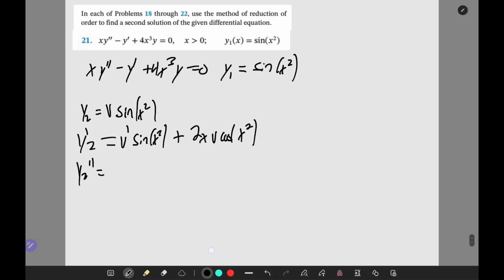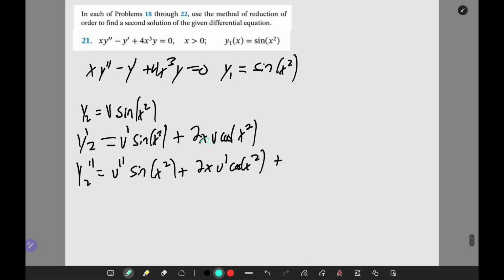Now y2 double prime. Look at the first term first. So we're going to have v double prime sine of x squared and v prime first, 2x v prime cosine of x squared, right? Derivative of sine is positive cosine. And now looking at the second term, I'm going to group it together like this, where this is one, this is the other one, and the 2 is just there to follow, right?